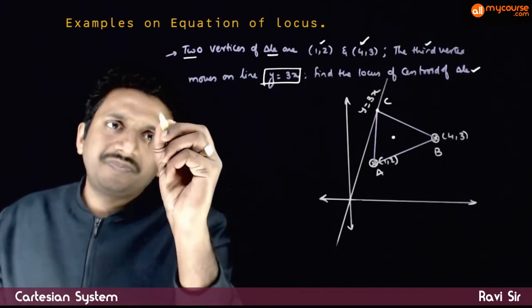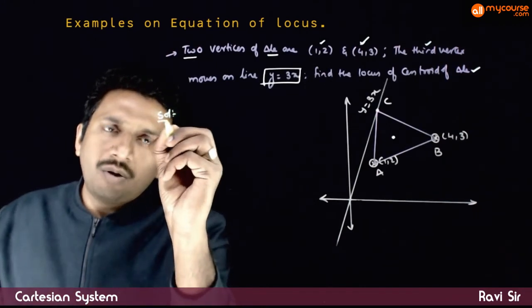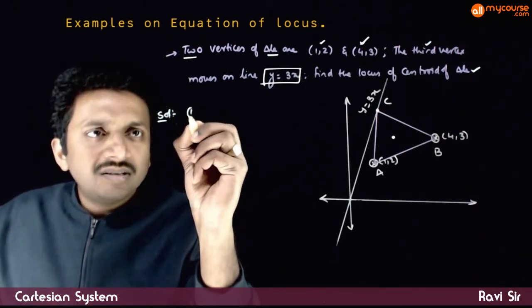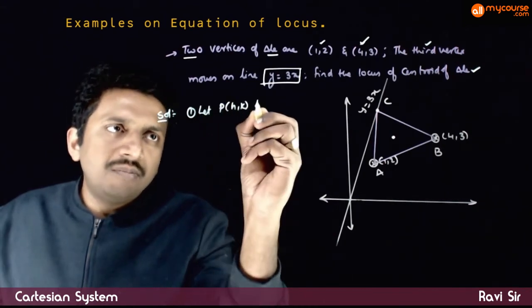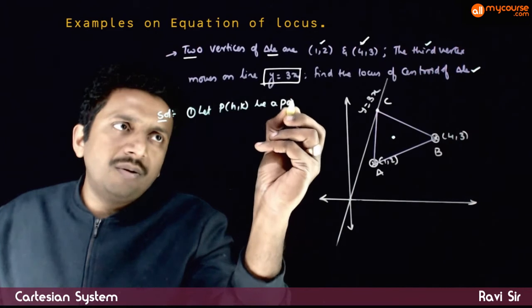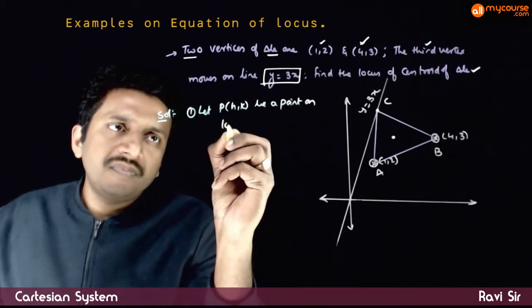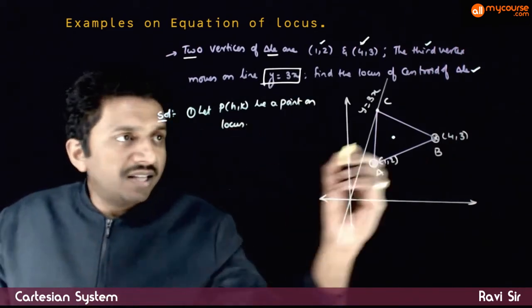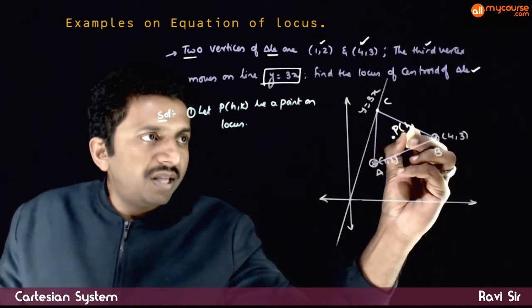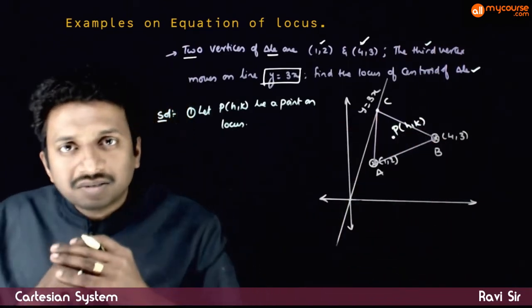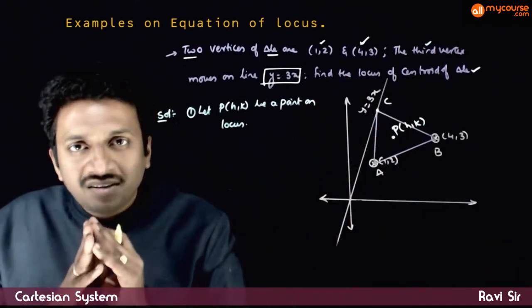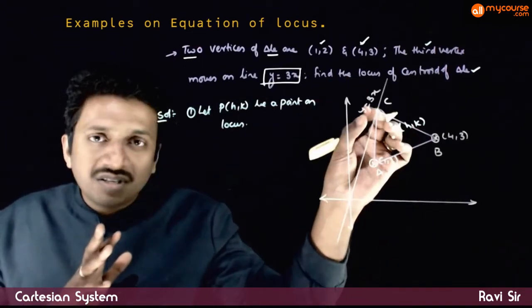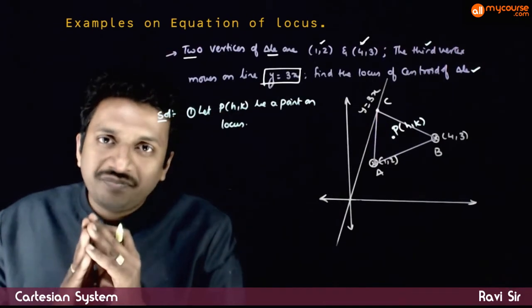That's the question. So let us start with our original assumption. Let P(h, k) be a point on the locus. If P(h, k) is a point on the locus, it has to be the centroid of this triangle for some position of C.